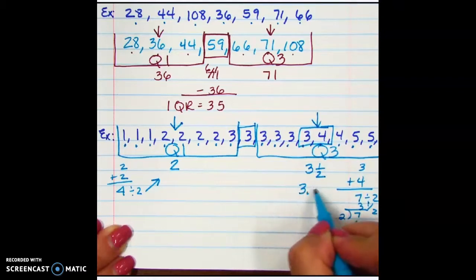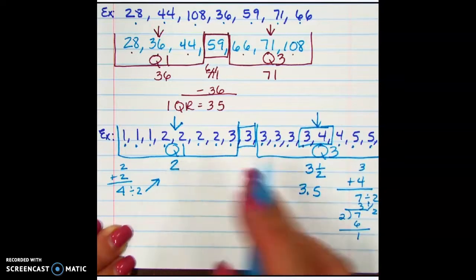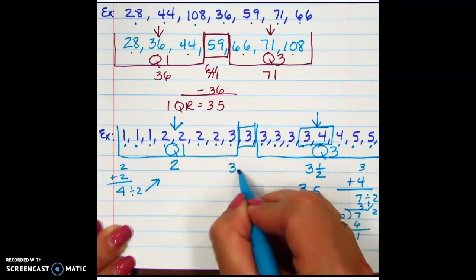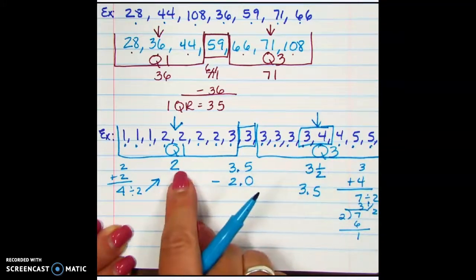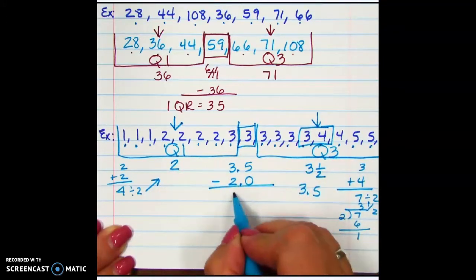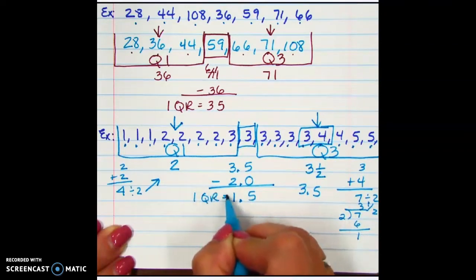Or I could write it as a decimal. Now I subtract quartile 3 and quartile 1. So I'm going to write 3 and 5/10 minus 2. Remember, there's a decimal point after every whole number, and I end up with 1 and 5/10. So that is my IQR.